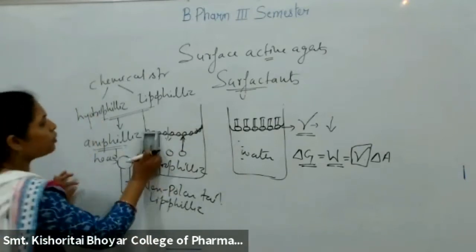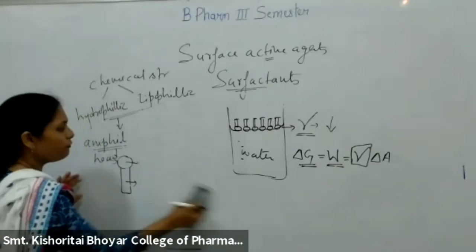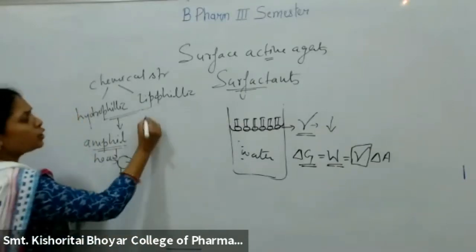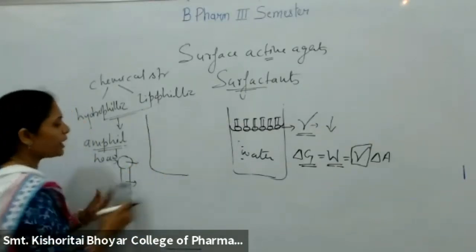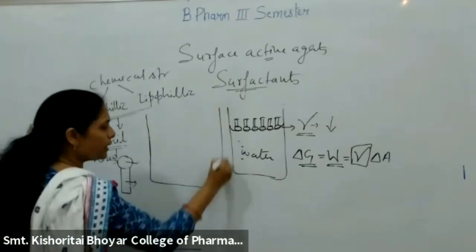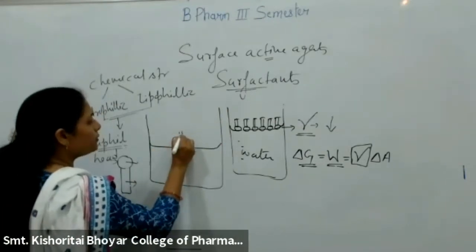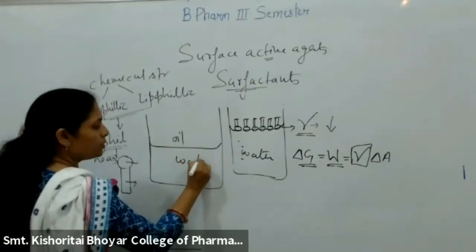Now let us take the example of an interface. We have discussed that an interface exists when there are two liquids in contact with one another. For example, here, oil and water.